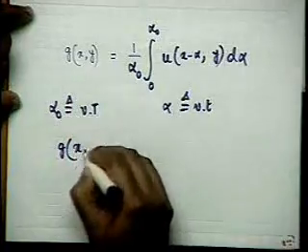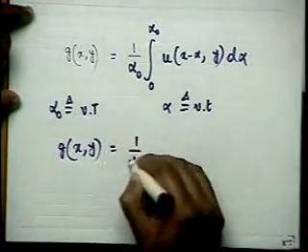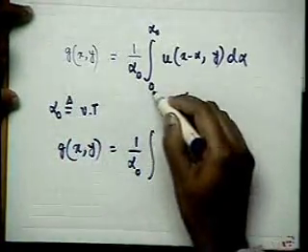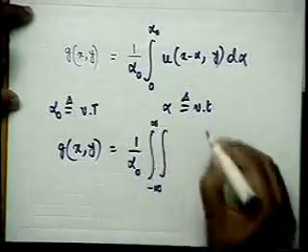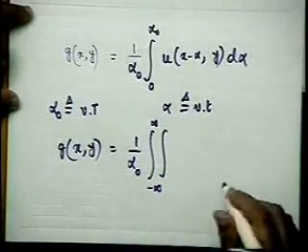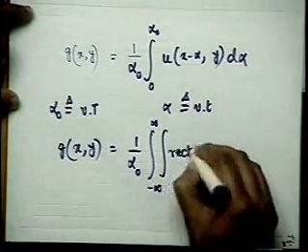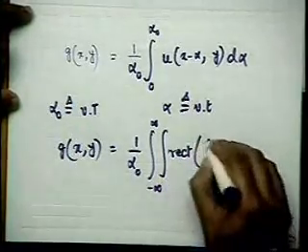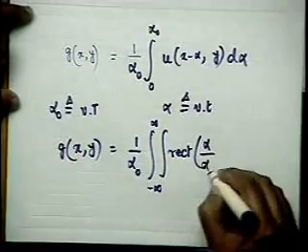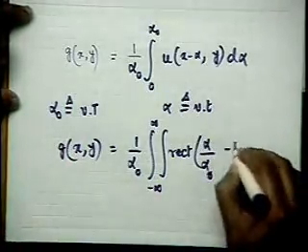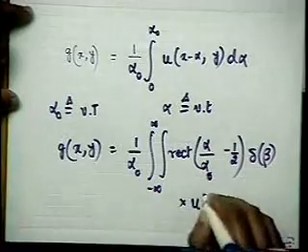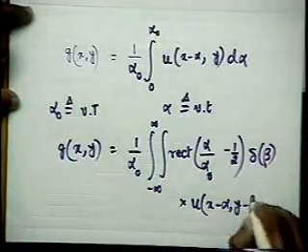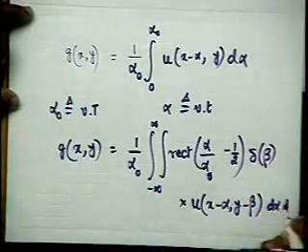So that this same expression can now be written as g(x,y) equals 1 upon alpha 0, and instead of keeping the limits of integration from 0 to alpha 0, we had converted both the integration limits from minus infinity to plus infinity, and thereafter we had introduced the definition of the rectangular function to write it as the rectangular function with argument alpha by alpha 0, minus half, delta beta, and this was multiplied by u of (x minus alpha, y minus beta) d alpha d beta.